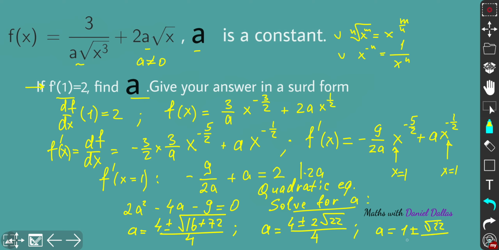Okay, let's leave it as it is. So that's the final solution. Okay, I just put it in a rectangle.